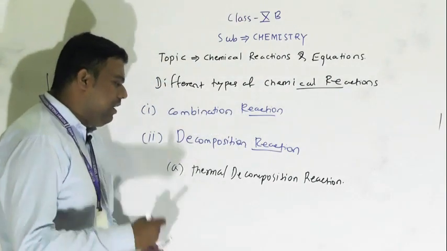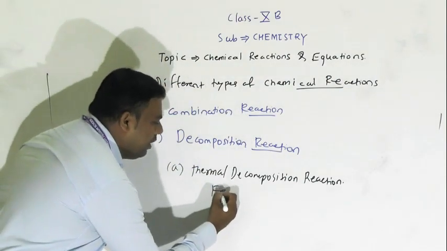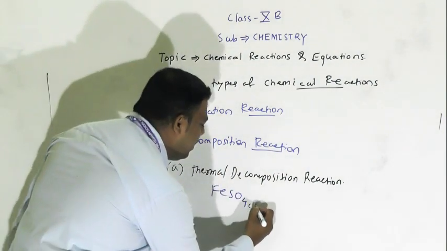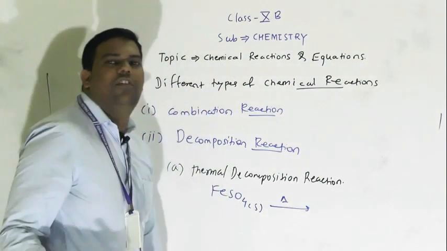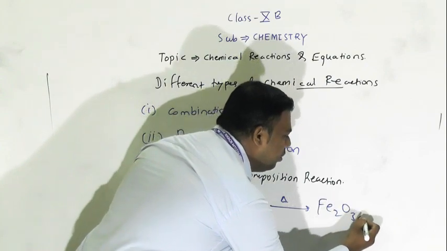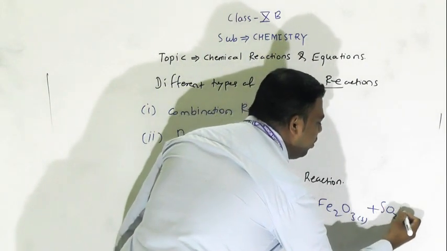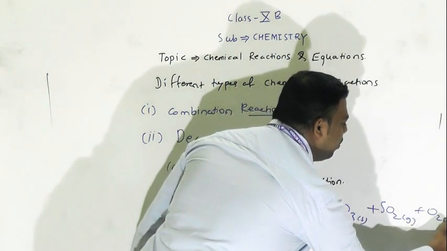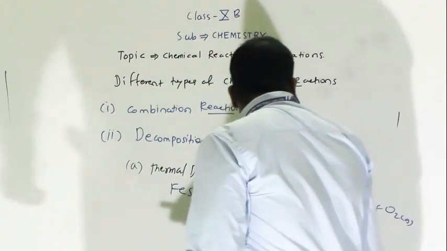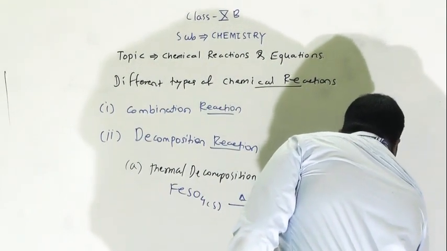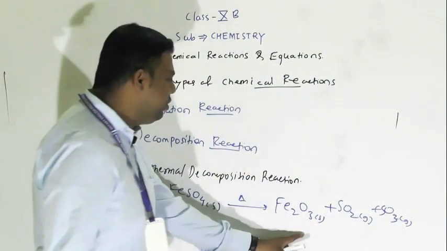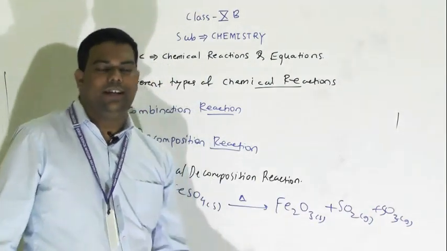When you heat iron sulfate, that is green vitriol, it converts into simpler compounds: Fe2O3 solid plus SO2 gaseous plus SO3 gaseous. These gases will evolve here.